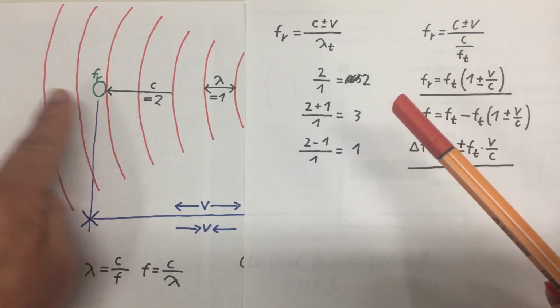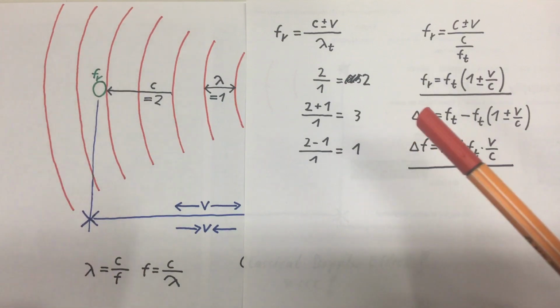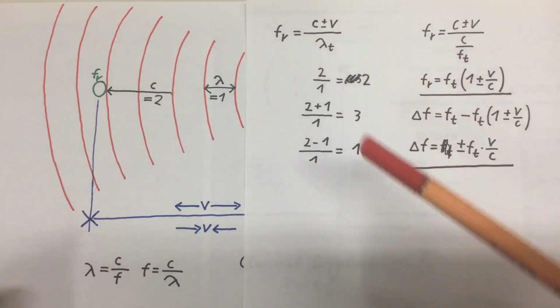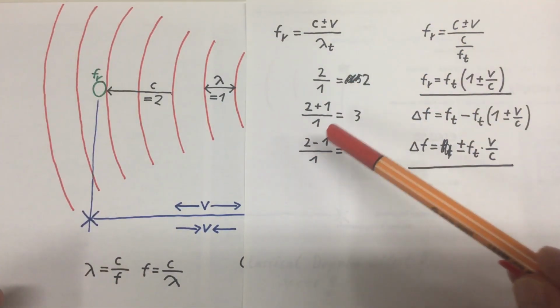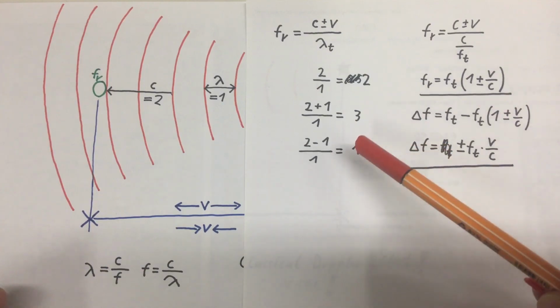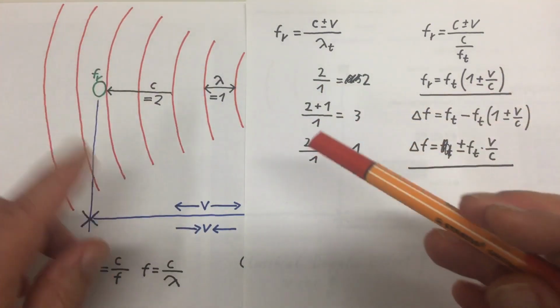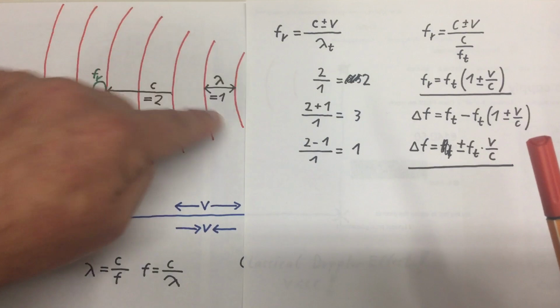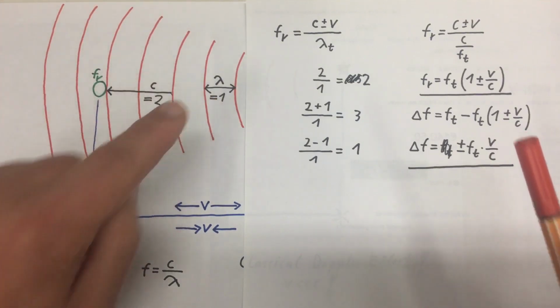And if it moves away with a relative speed of 1, then we get, according to that formula, 2 minus relative speed of 1 over the wavelength of 1, a frequency of 1. And you probably immediately saw why I chose a wavelength of 1.